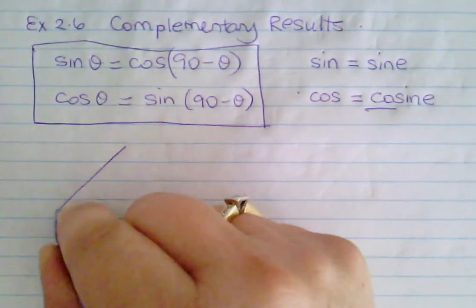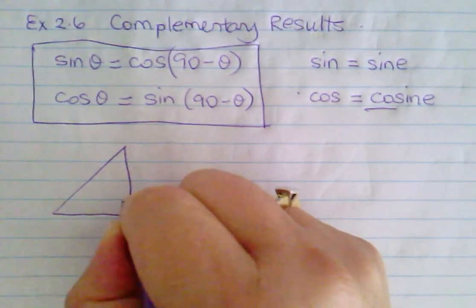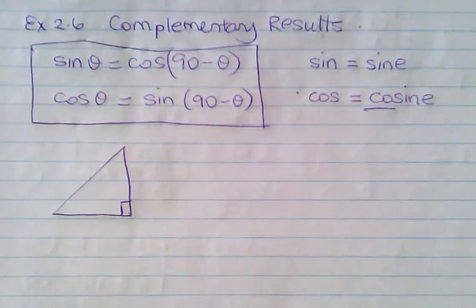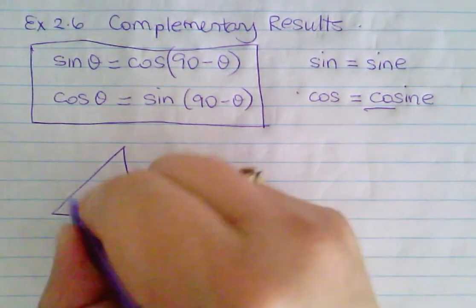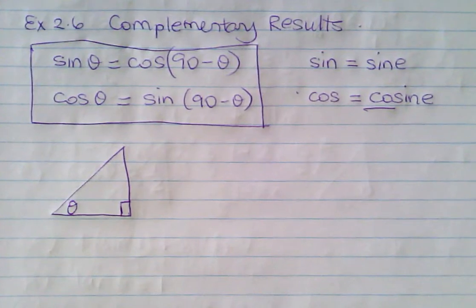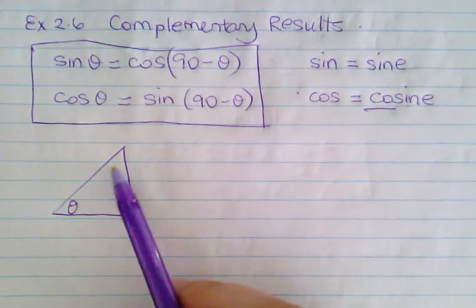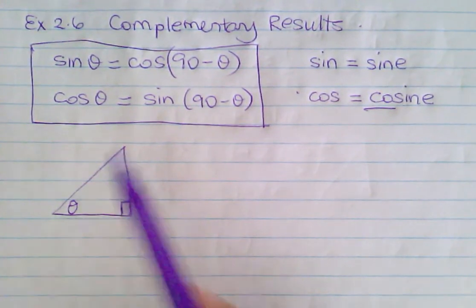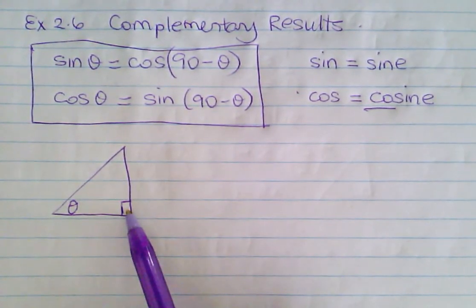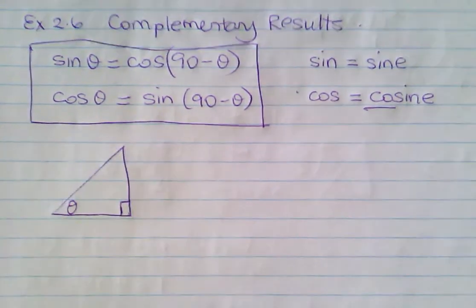So if I draw a right angle triangle, I know the angle sum is 180 degrees. If this angle down here is theta and you want to work out the remaining angle up there, you'd say this is already 90, so these two add up to 90.